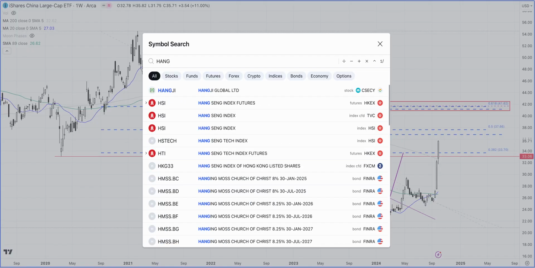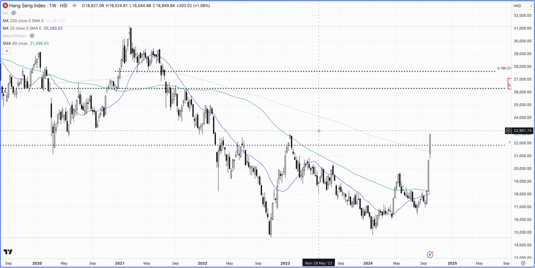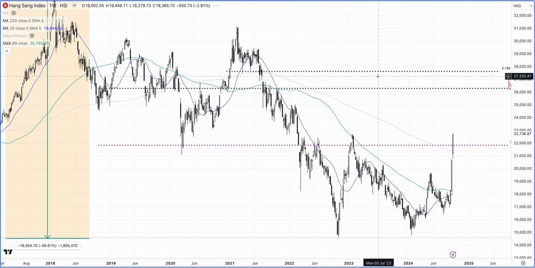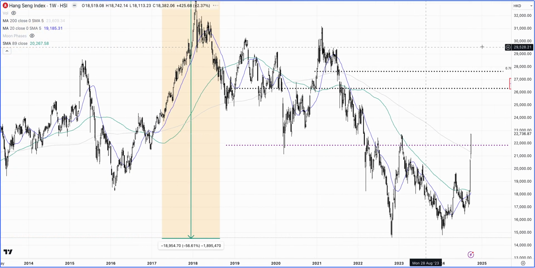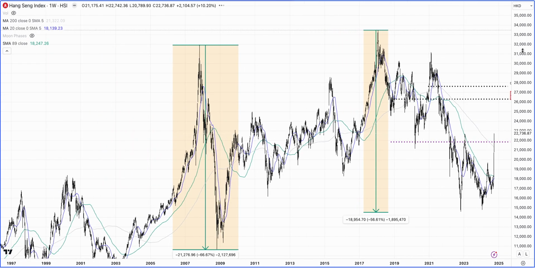Now let's take a look at the Hang Seng index. Here we go. This is the Hong Kong market, and I think the Chinese mainland market was closed last week because of the Golden Week holidays.